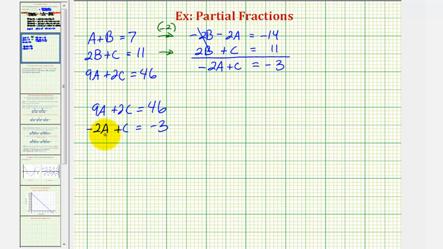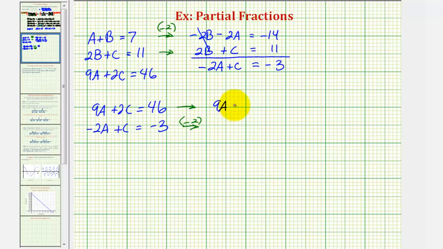And then we'll perform back substitution to find b. To eliminate c, we would want this term here to be a negative 2c, so we'll multiply the second equation by negative 2 and leave the first equation the same.